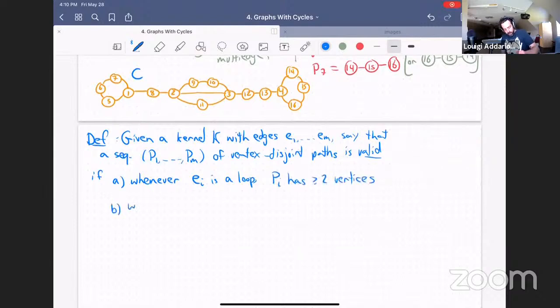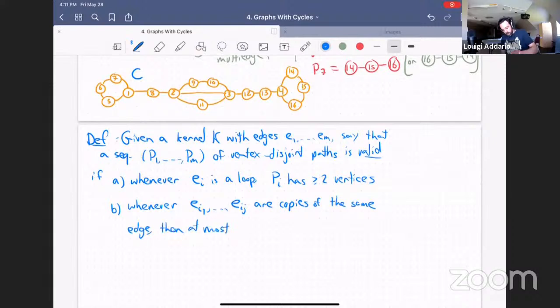And the second is that whenever we have some set EI1 up to EIJ, which are all copies of the same edge, then at most one of PI1 up to PIJ is empty.